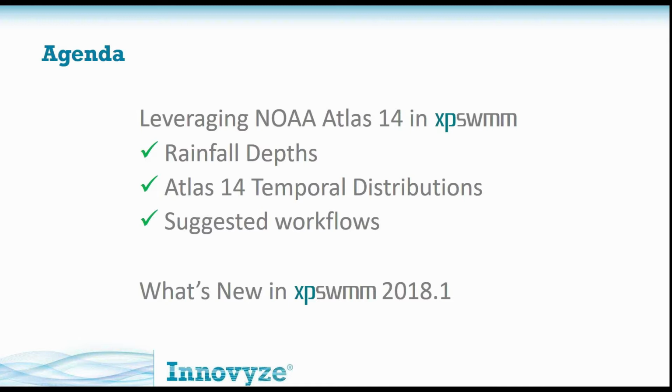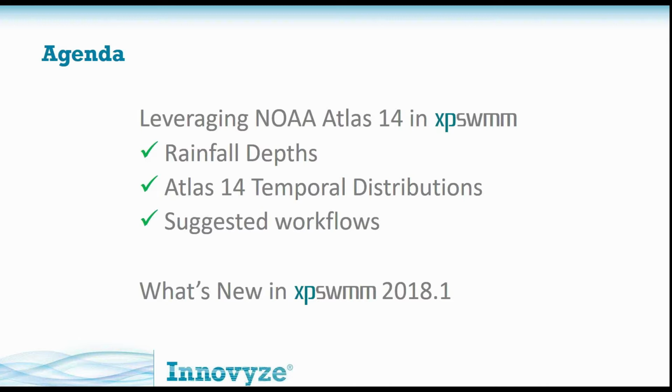NOAA Atlas 14 is a set of updated rainfall depths for the continental US, but it also publishes some temporal distributions, and we'll go over what that is, as well as look at some suggested workflows within the 2018.1 release, okay? And then we'll cover some of what's new in that release. And Tony and I will do this presentation and talk about these things.